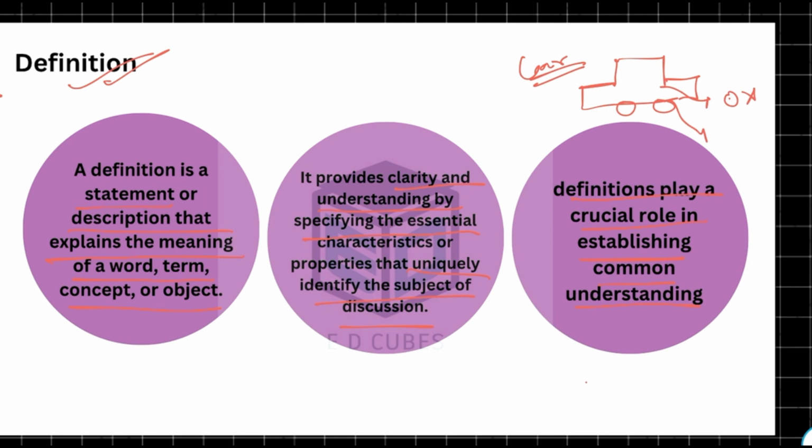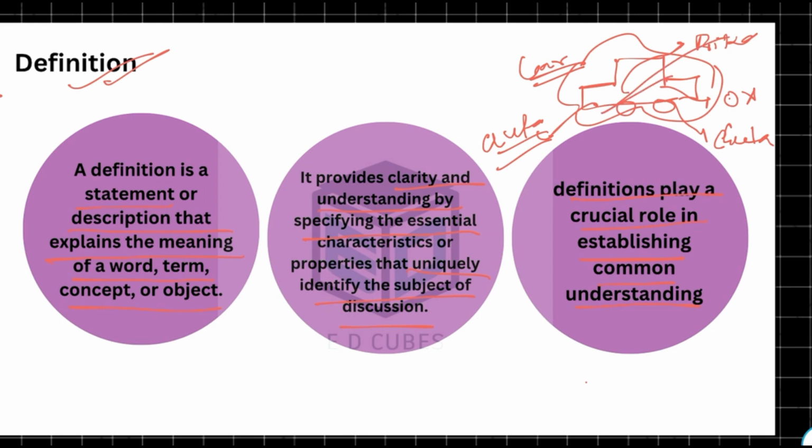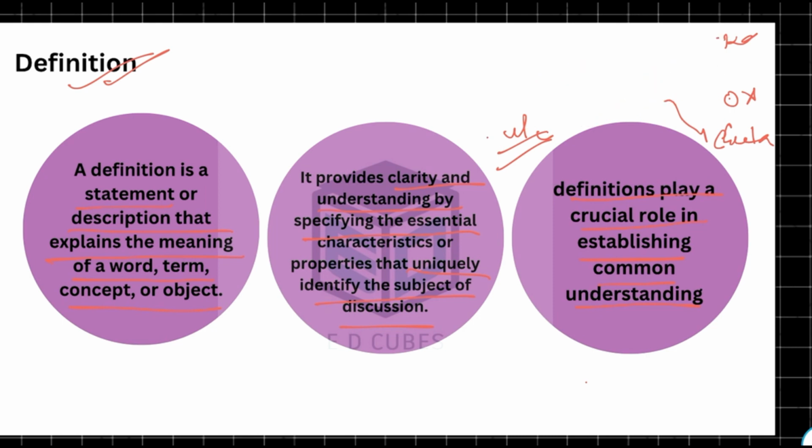Somebody else defines this as cheetah. Somebody else defines this as bike. Somebody else defines this as auto. Now, if this kind of object comes in front of a lot of people, they will be saying: car, auto, bike, ox, cheetah. That is why definition is required, so that all people can have the same understanding about a particular object or a particular term. Is it clear?